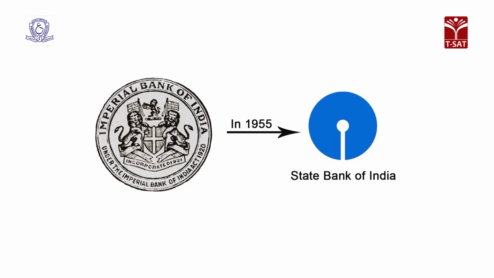In the tertiary sector, the mixed economy system has sought to explain the role of the state in provision of various services. For this purpose, a number of nationalization measures were initiated, beginning with the nationalization of Imperial Bank of India to set up the State Bank of India in 1955.